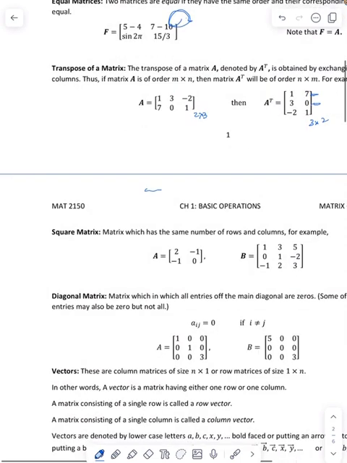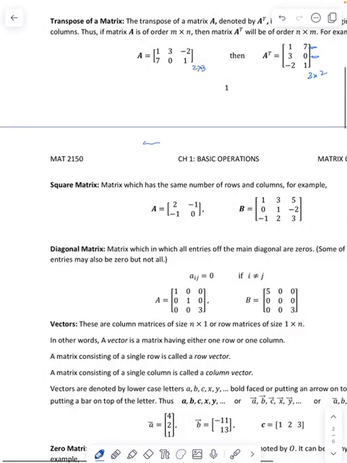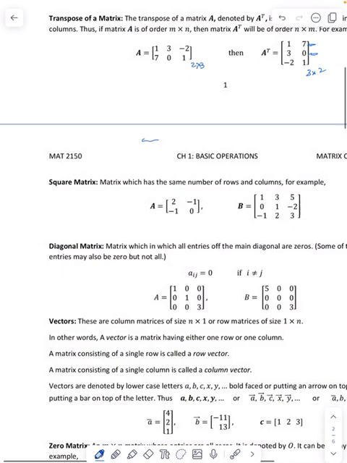What is a diagonal matrix? By the way, when we have a square matrix, we can talk about the diagonal of the matrix. There are 2 diagonals. You remember in a square there are 2 diagonals.